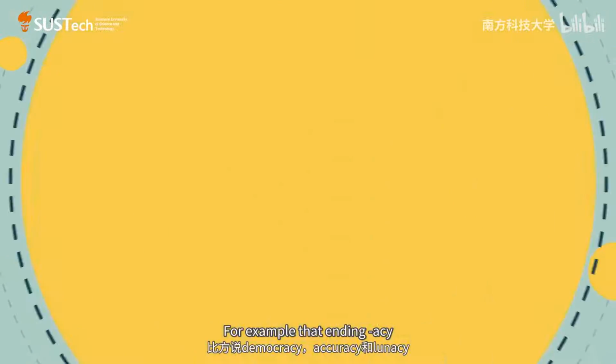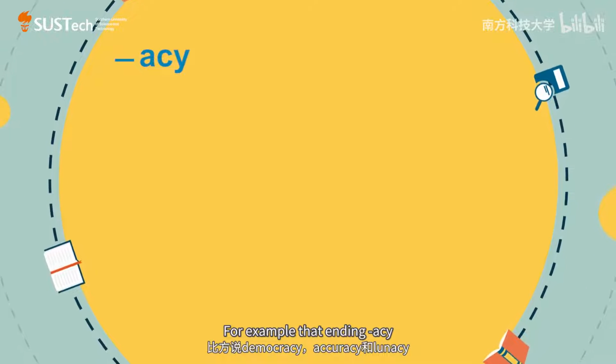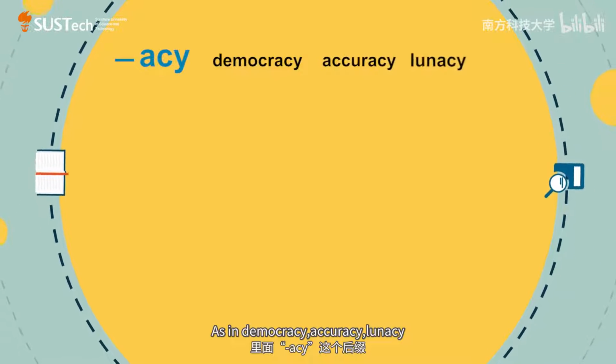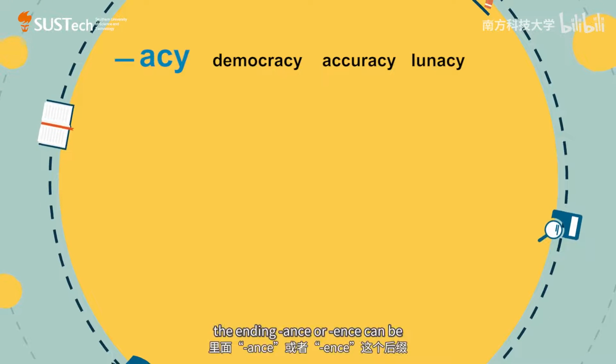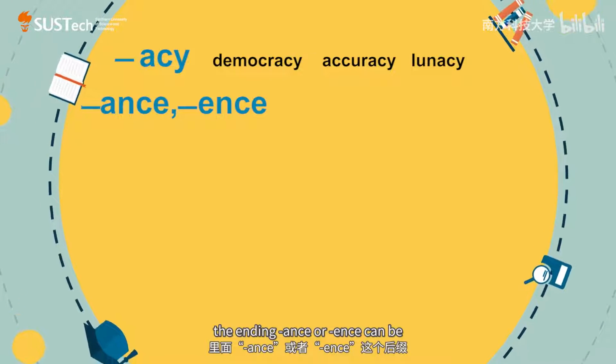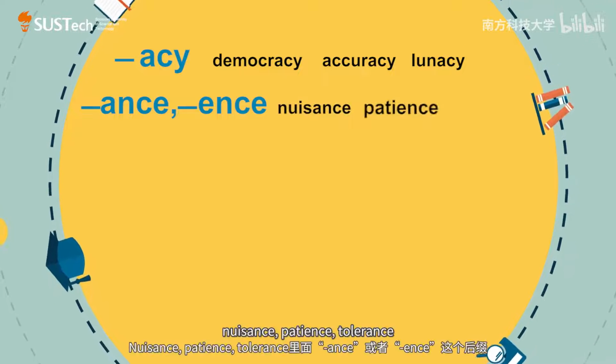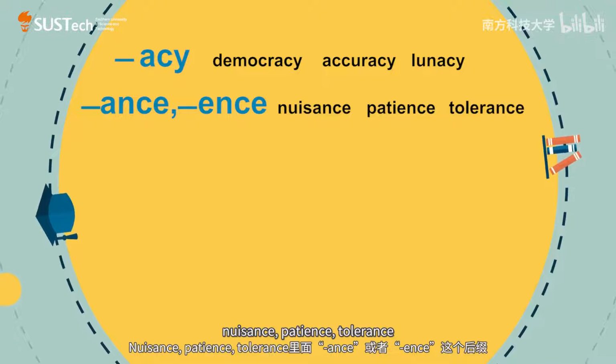For example, the ending acy, as in democracy, accuracy, lunacy. The ending ance or ence can be nuisance, patience, tolerance.